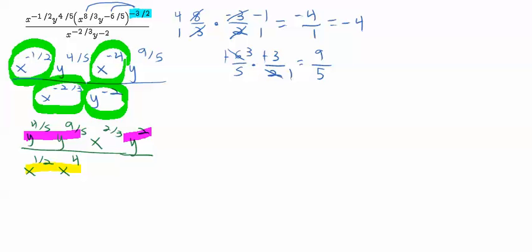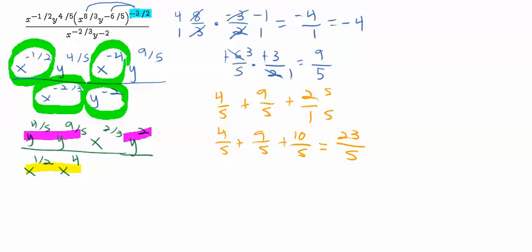First, I'm going to add the numerator together, which is 4/5 plus 9/5 plus 2 on the y's. Now we put the 2 over 1, need a common denominator, so we'll multiply by 5. So we actually have 4/5 plus 9/5 plus 10/5 is 23/5.